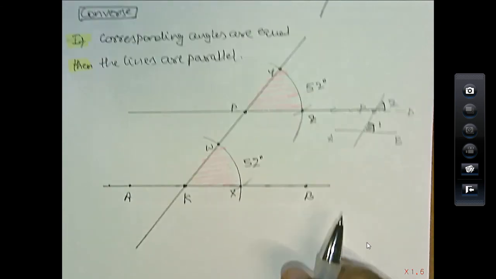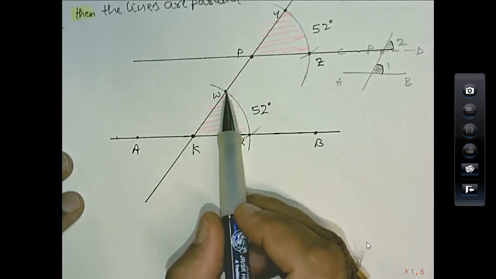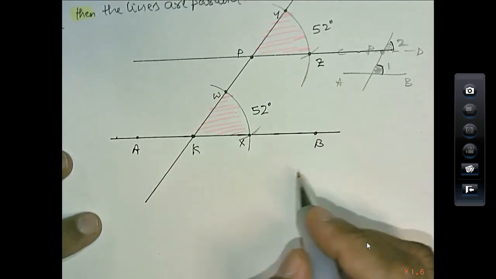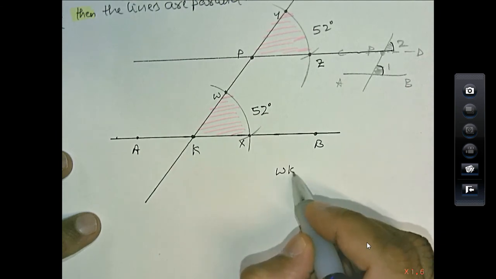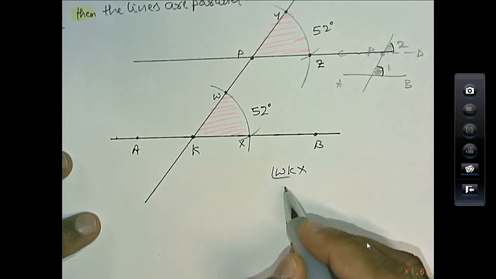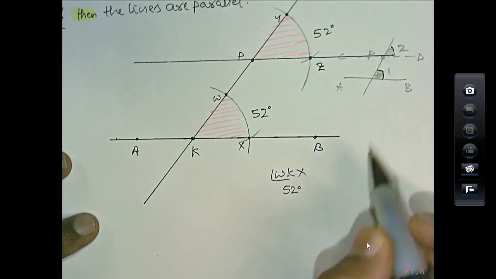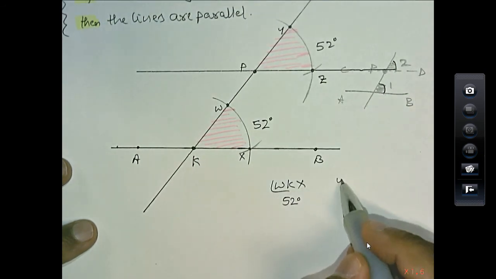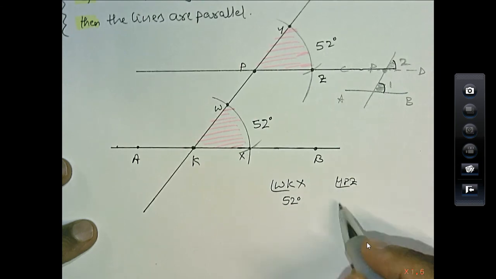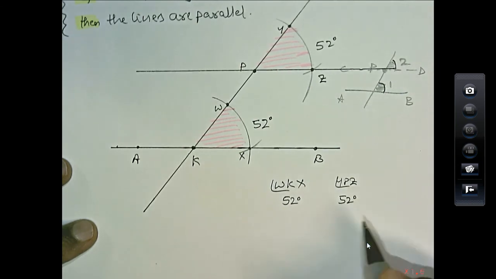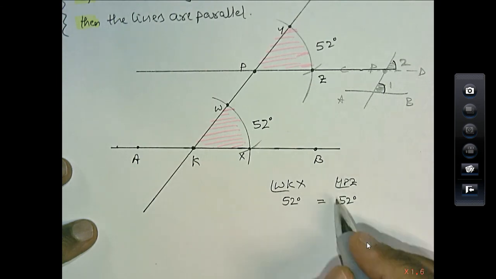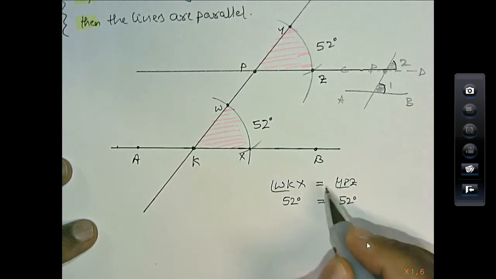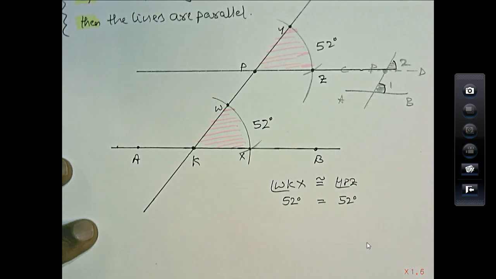Now, the conclusion. Angle WKX, which is 52 degrees, and angle YPZ, this is also 52 degrees. So these two are equal. And these two are equal, or you can say congruent, right?